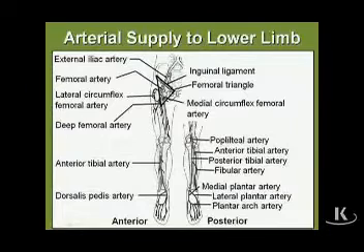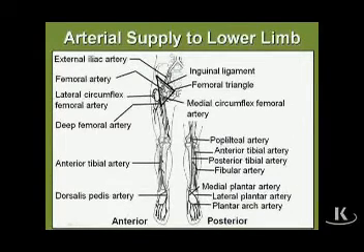After the femoral artery crosses into the popliteal region and changes its name to popliteal artery, as it then crosses the knee, it divides into two branches, an anterior tibial artery and a posterior tibial artery. The posterior tibial artery remains in the posterior compartment, so it supplies the posterior compartment along with a branch that it has called the fibular artery.